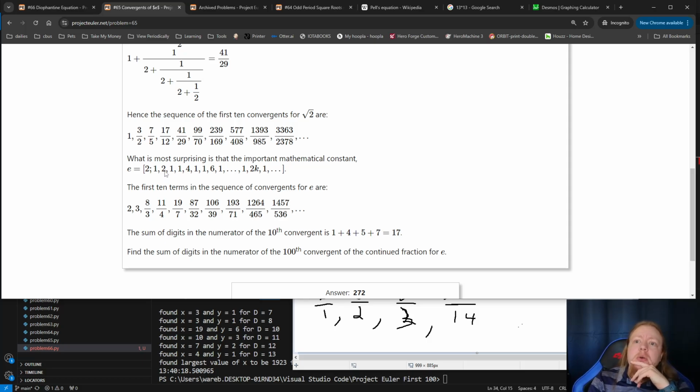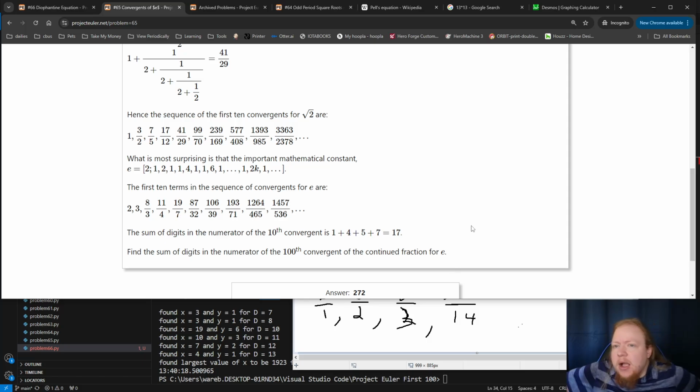And then 2 times 3 plus 2 is 6 plus 2, which is 8. And then 2 times 1 plus 1 is 3. And then 11 is 8 times 1 plus 3. 3 times 1 plus 1 is 4. 19 is going to be 11 times 1 plus 8. 7 is 4 times 1 plus 3.